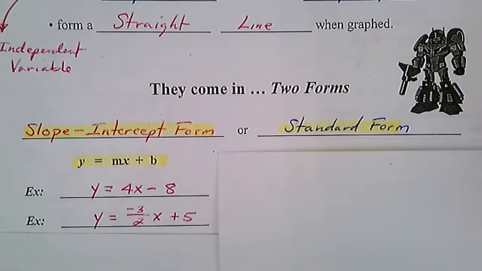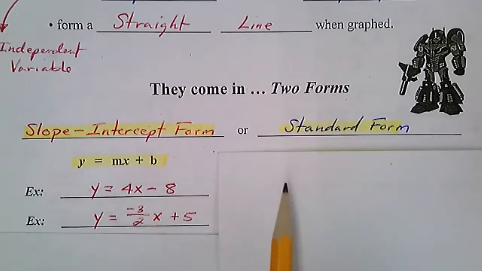So we've got y is equal to, here's our m, which is our slope, negative 3 over 2 x, and then plus 5. That's our plus b right there. So your b, even though it says plus b, it could be a minus or it could be a plus. And then that m, it could be a positive or it could be a negative.